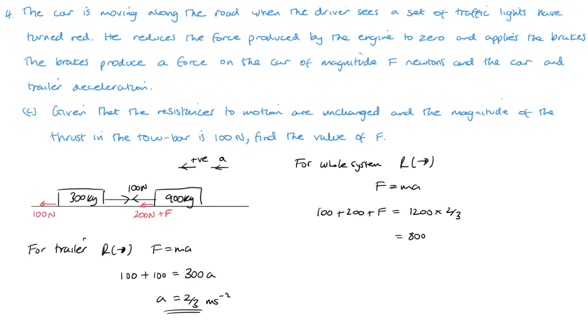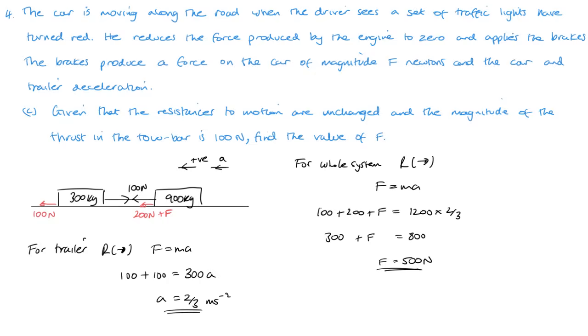So it's 800, and that's 300 plus F. So F is 500 newtons. And that works just because all these forces are going left. My positive is left, my acceleration is left. Okay, so that is what I'm doing here.